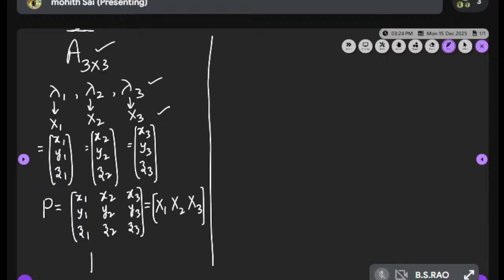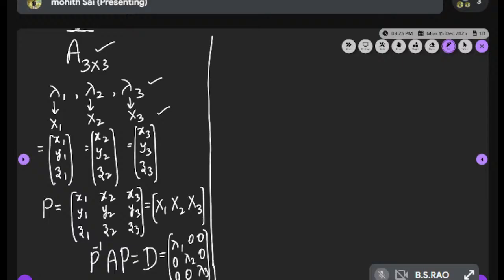P inverse A P equals D. D is the diagonal matrix, where the diagonal matrix consists of lambda 1, lambda 2, lambda 3 as the principal diagonal elements.